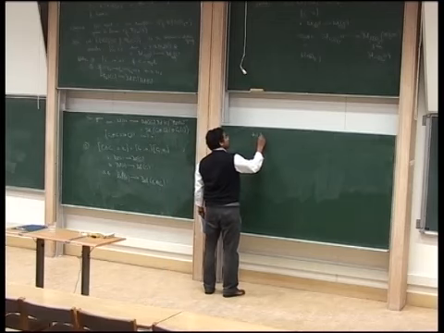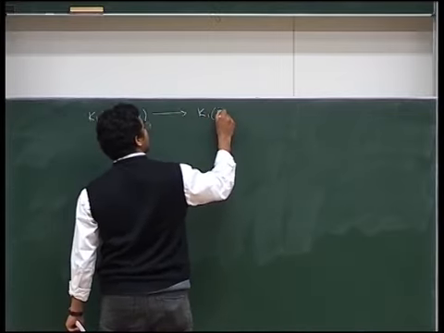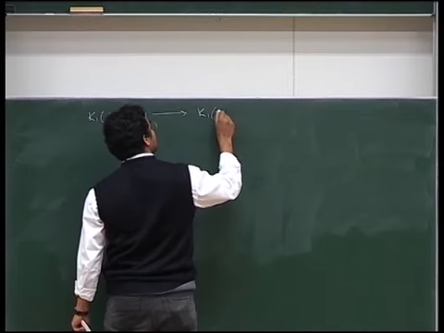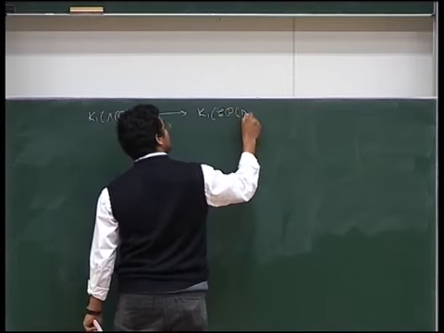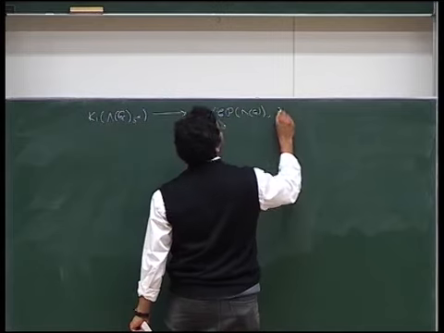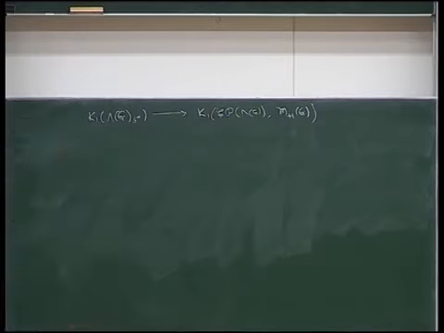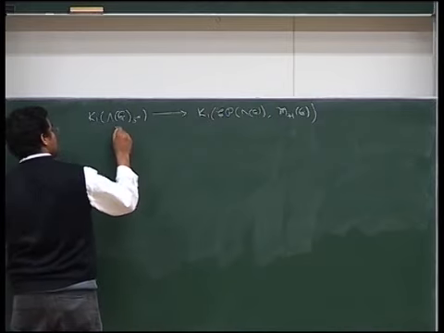So you have K1 of lambda G to MHG. So take any A in here.